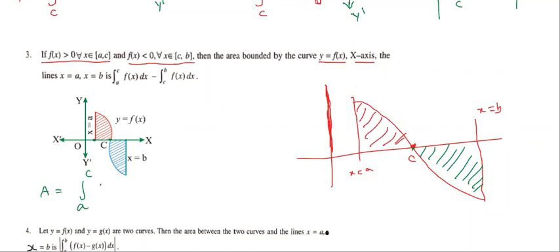So, integration a to c f of x dx. For the second part, observe that it is located below the axis, so that's why we get negative. Integration c to b f of x dx. After calculating this, we get the area as positive only.